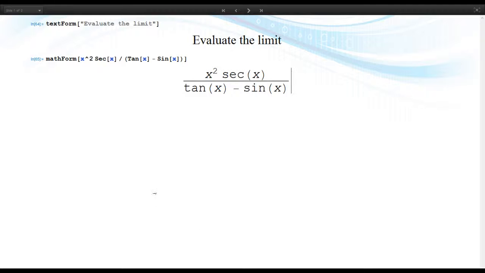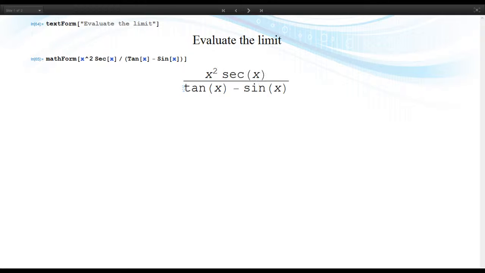Sometimes doing a little bit of simplification makes the problem a lot easier. If we were to plug 0 in right now, we would get a 0 on the top because we have 0 squared times 1.